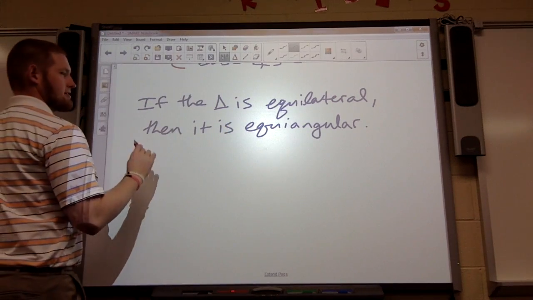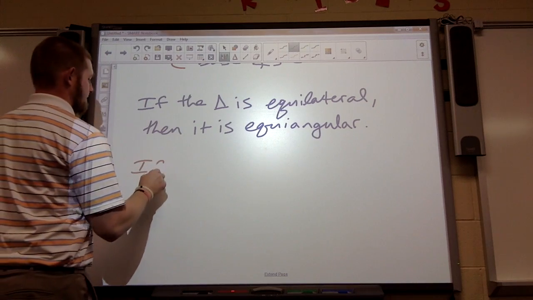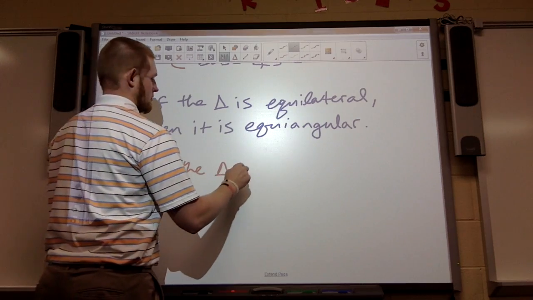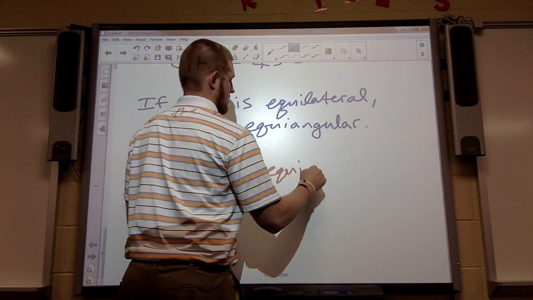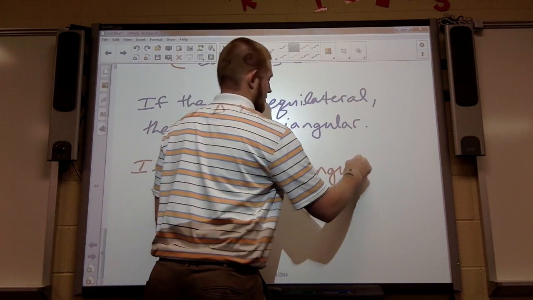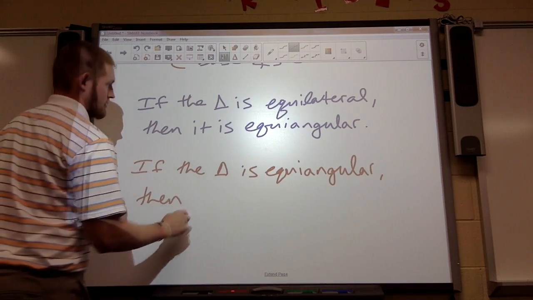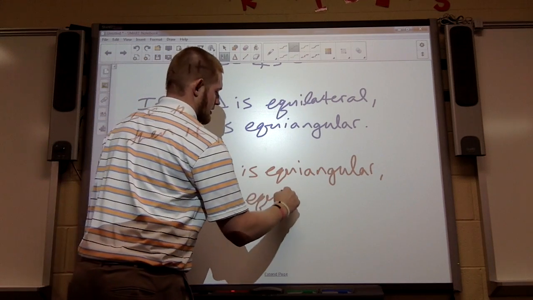The other one says the exact same thing except backwards. It's a converse. Okay, if the triangle is equiangular, then it is equilateral.